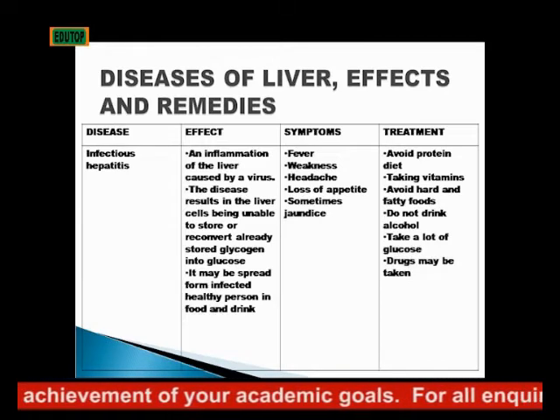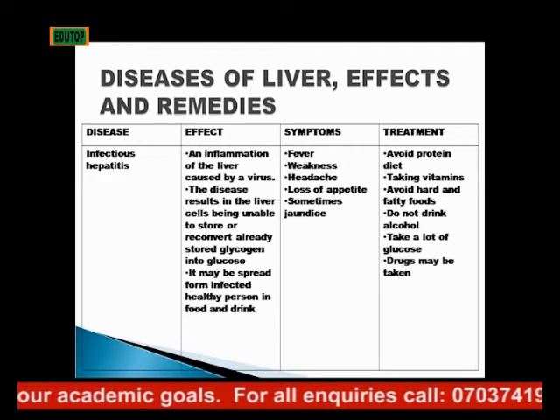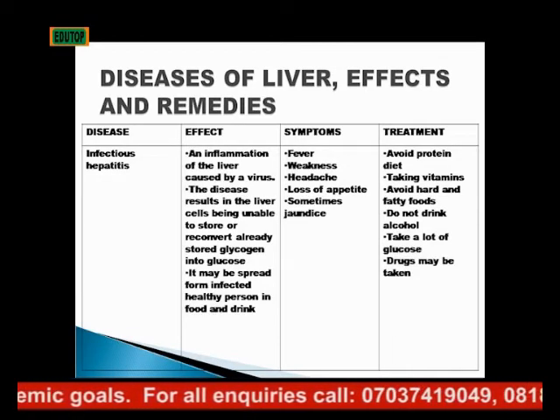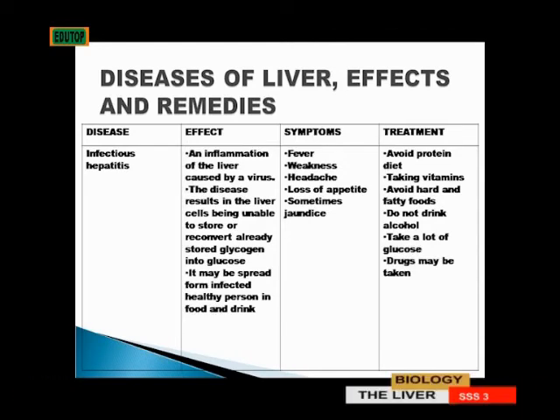Infectious hepatitis is an inflammation of the liver that is caused by a virus, and the disease results in the liver cells being unable to store and reconvert already stored glycogen into glucose. You know, when I was mentioning the functions of the liver, I said they regulate the blood sugar.